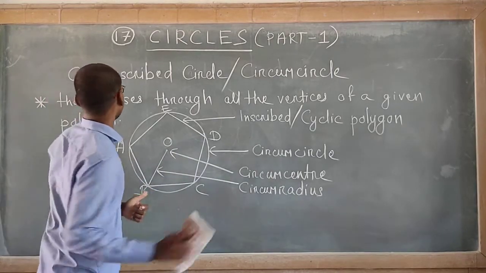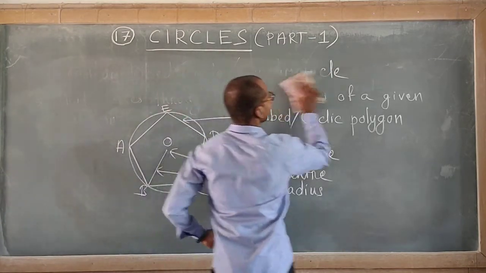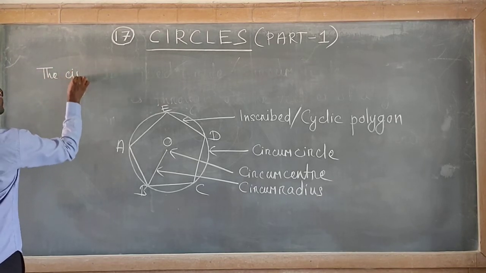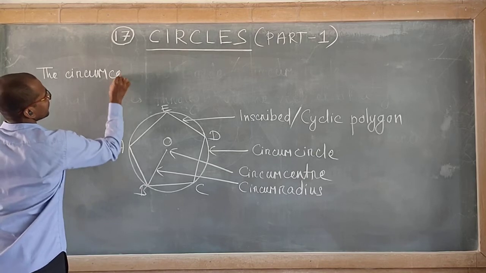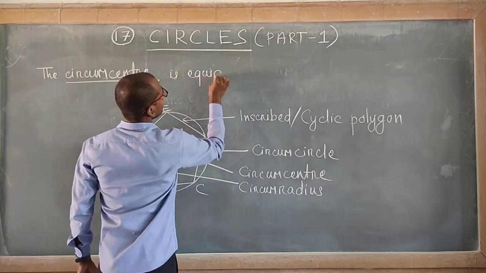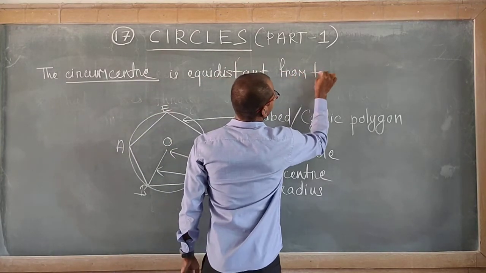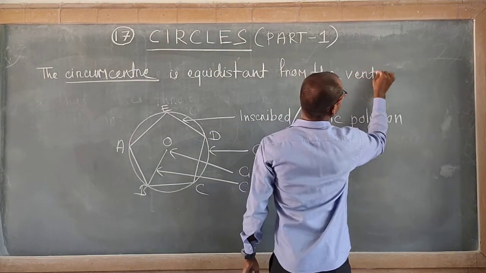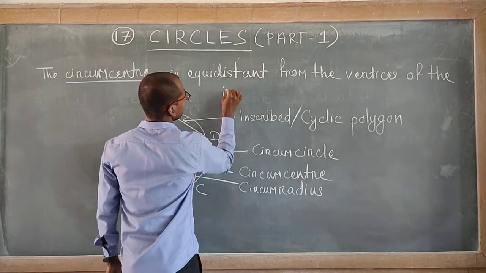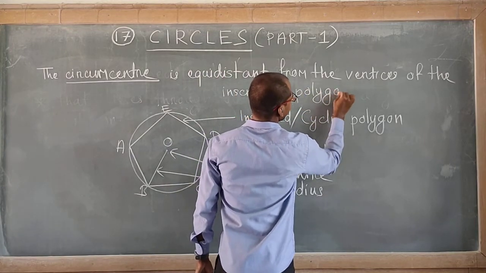So we have a special thing in this circumcircle. We can write here: the circumcenter is equidistant from the vertices of the inscribed polygon.